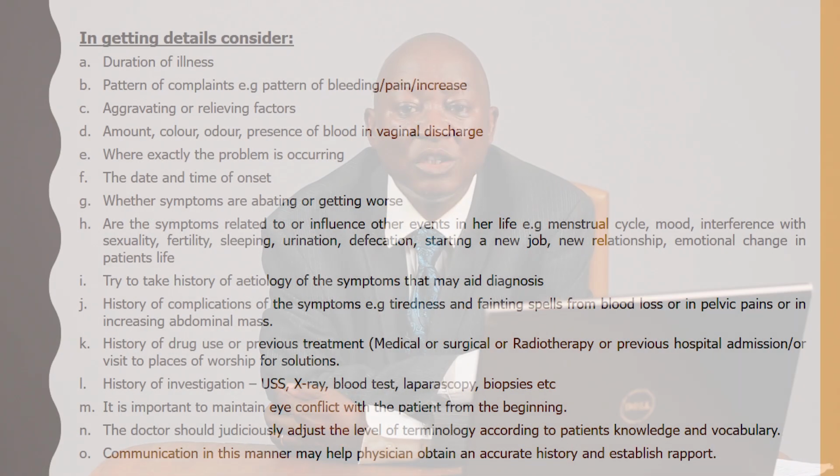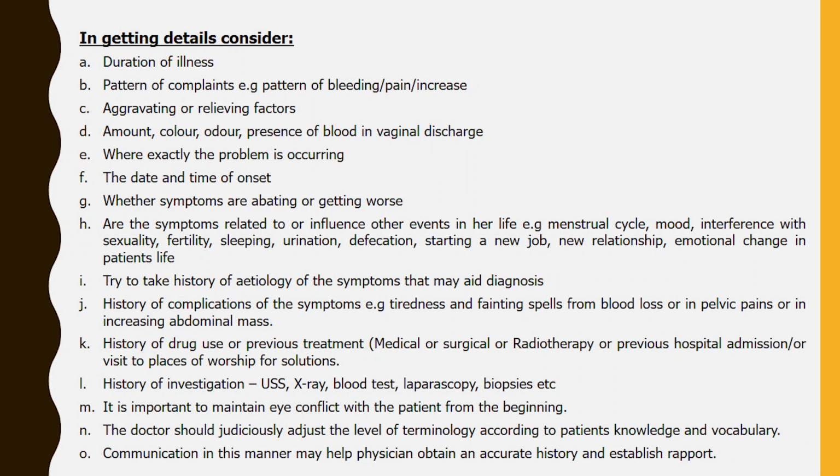You may want to know the amount, particularly if the woman is having a vaginal discharge, the odor, the color, and if the discharge is blood stained. This is very important because if the vaginal discharge is blood stained, it may be pointing in the direction of carcinoma.